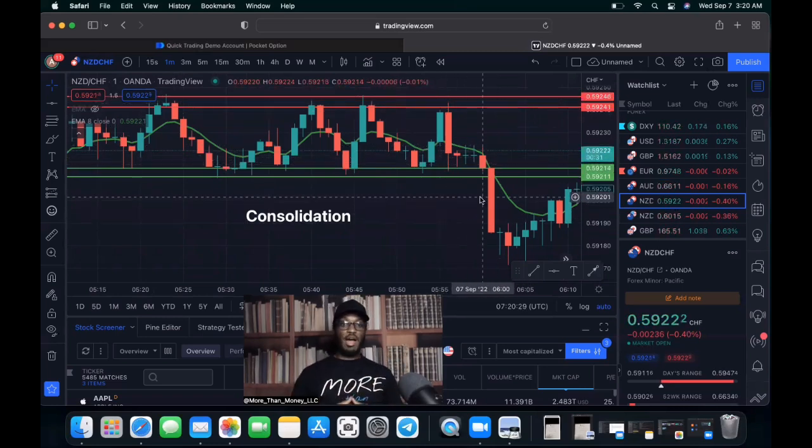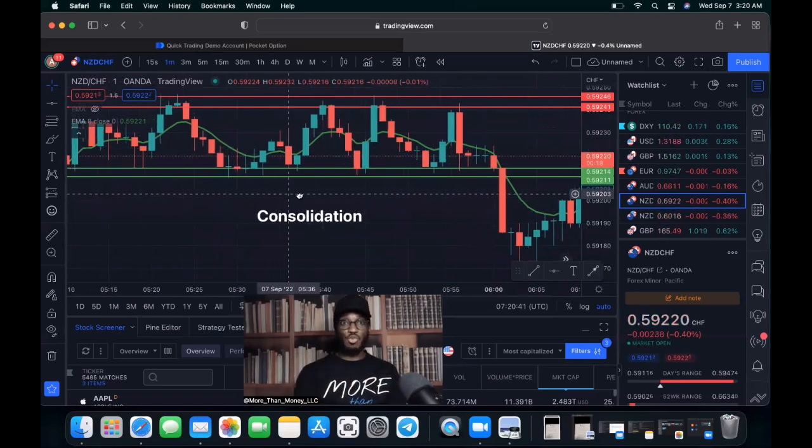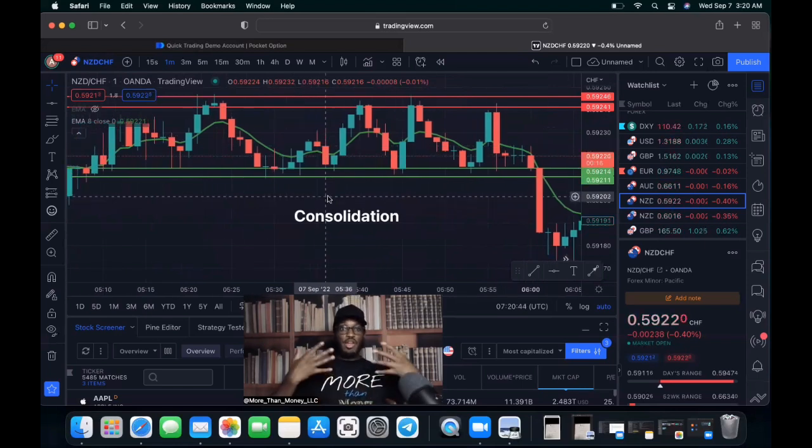So just always be mindful, if you're trading those live pairs, of the currency strengths and the shifts within strengths, because that's going to tell you something about how to trade consolidation as well. That's going to be another variable that helps you.